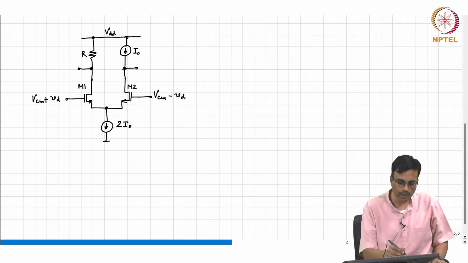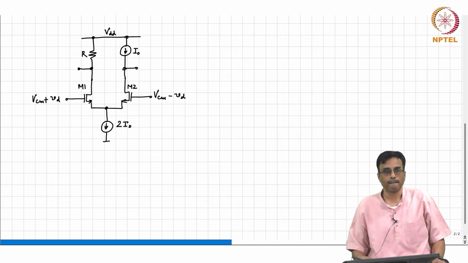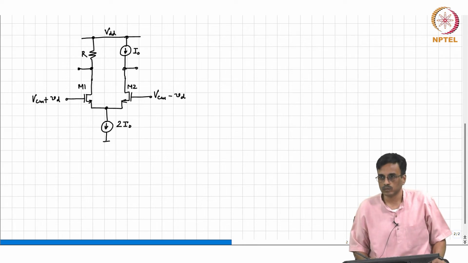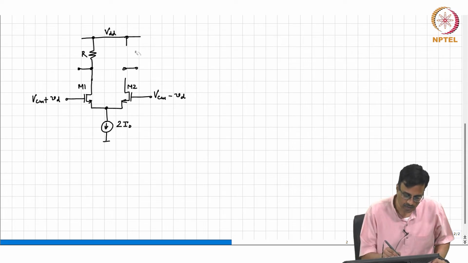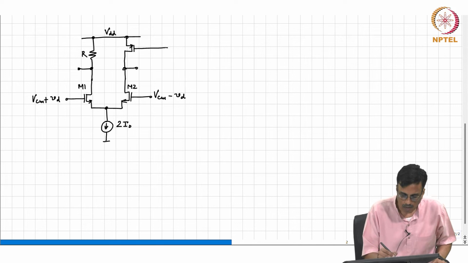All right. So, now how do we implement this current source? We connect a PMOS transistor, very good. Somebody suggested a current mirror, okay, fine, let us do that.